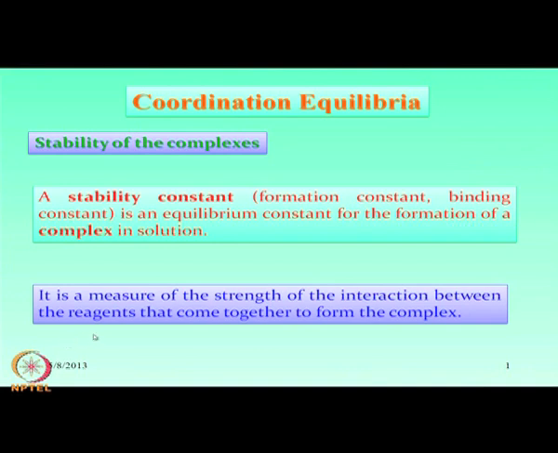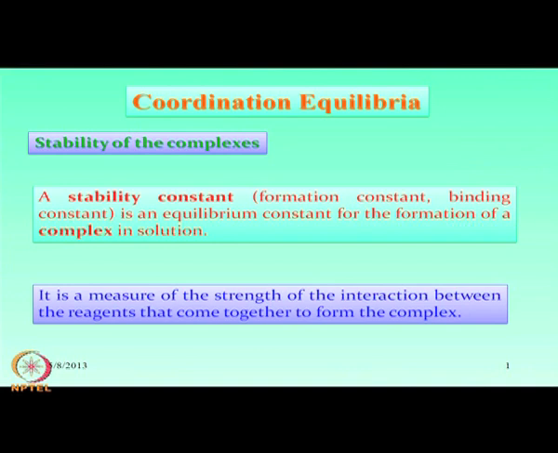In those cases, one component is binding to the other. In that case also, the species forming on the right hand side due to the binding of the two fragments on the left, we call it a complex species, and in all these cases we can have the corresponding constant, which is known as the stability constant or the formation constant for the complex species.